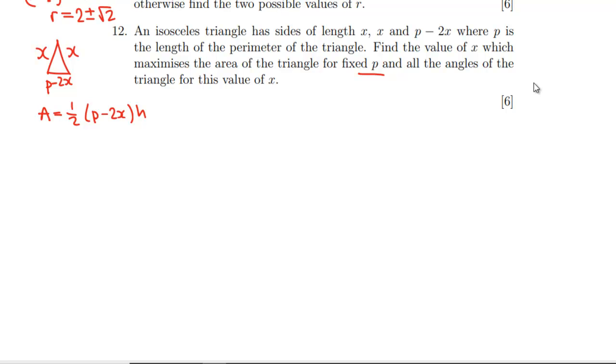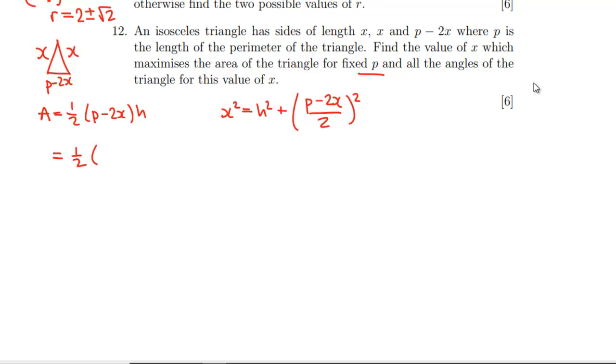But you can also use Pythagoras to say that x squared is going to be equal to h squared plus ((p minus 2x) over 2) all squared. That's just our Pythagoras splitting that isosceles in half. So this looks like a big mess, all in all. We can sub that h in.